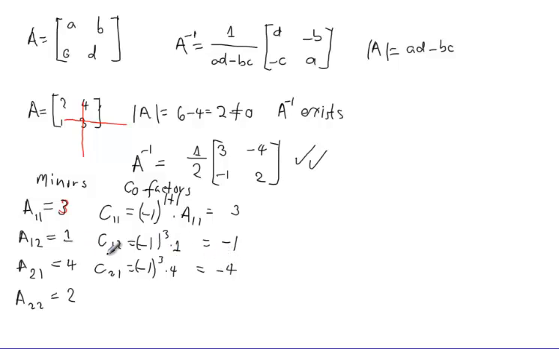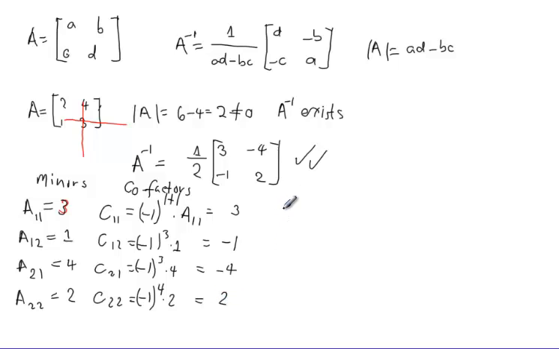They're coming. So this, what I'm doing here, is something to do with calculating an inverse of a matrix. So then I come to C 2, 2. Then I go minus 1 to the power of 4 multiplied by 2. 4 negative signs is positive. Then I can get this thing as 2.